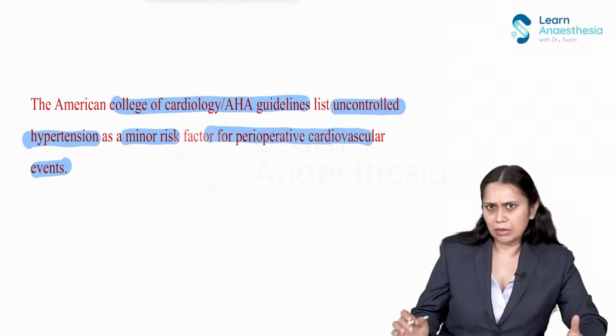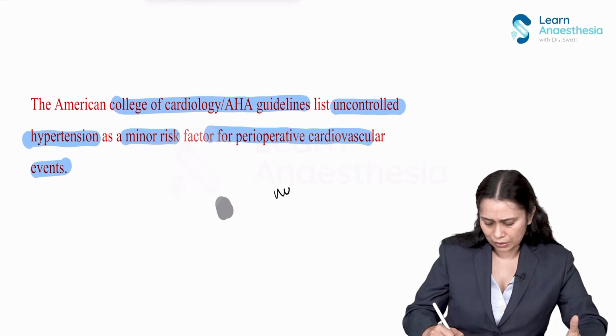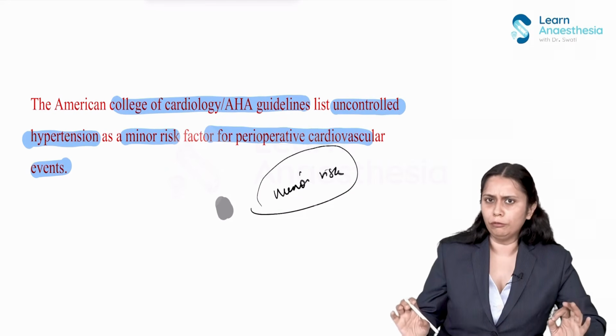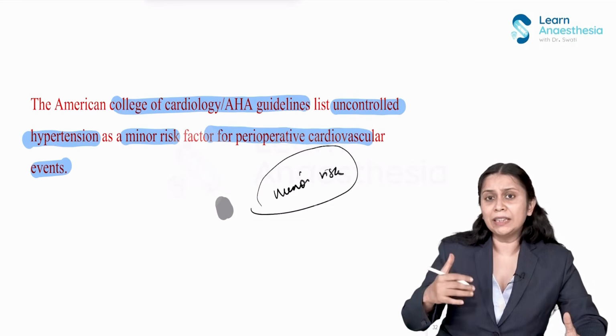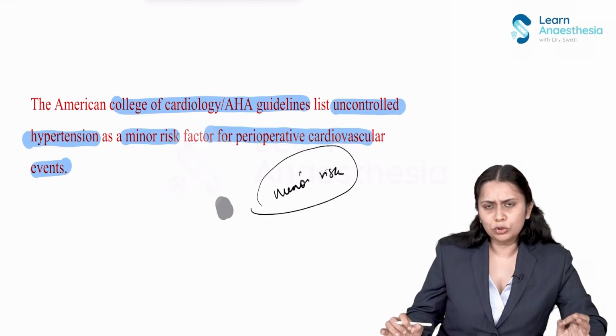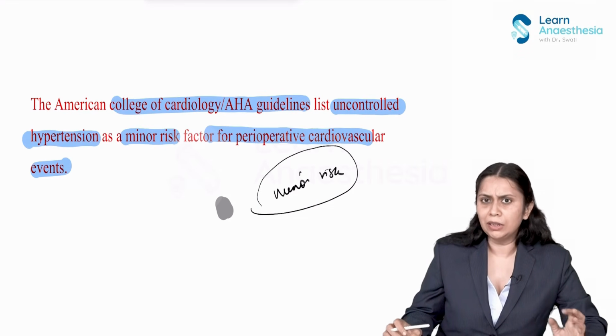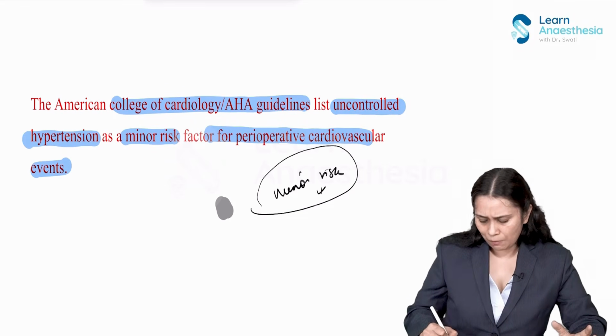So since it is a minor risk factor, we should go ahead with surgery rather than postponement of the surgery for numerical control of the blood pressure. They come under minor risk.